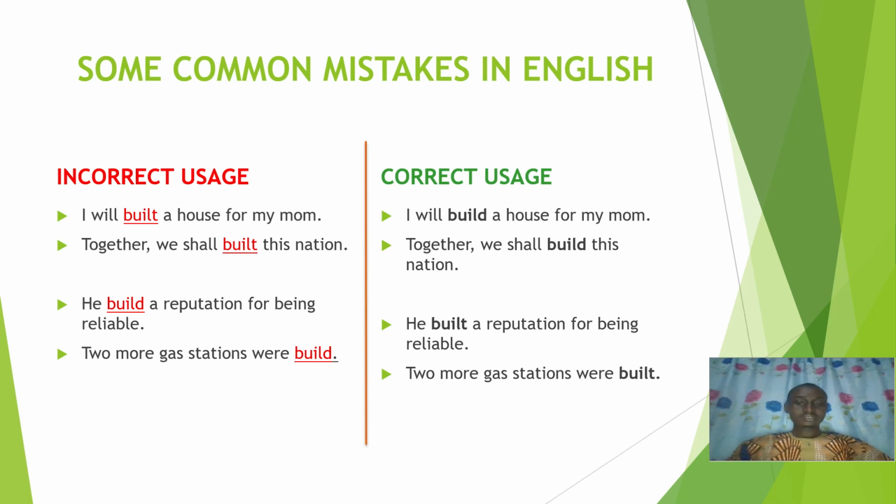Then our last sentence, 2 more gas stations were built. So if you observe, the last 2 sentences actually refer to something that has happened, something that is in the past. He built a reputation. 2 more gas stations were built. But in the first 2 sentences, I will, we shall. So you take note of that. It will help you in your constructions.